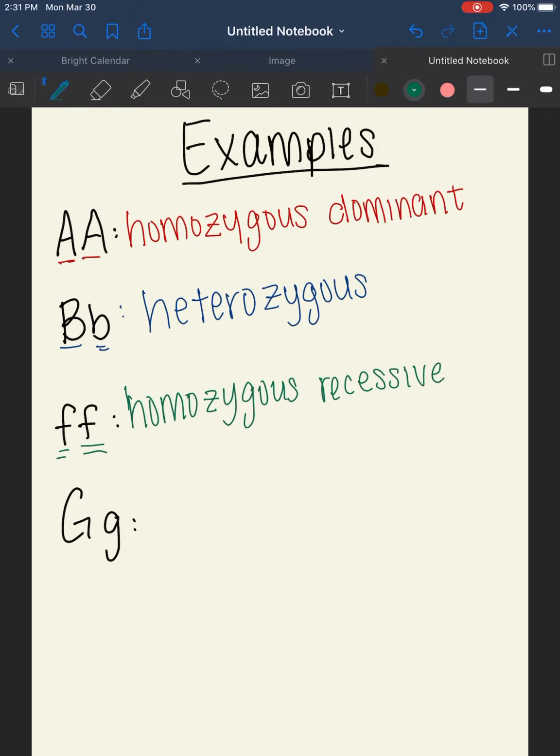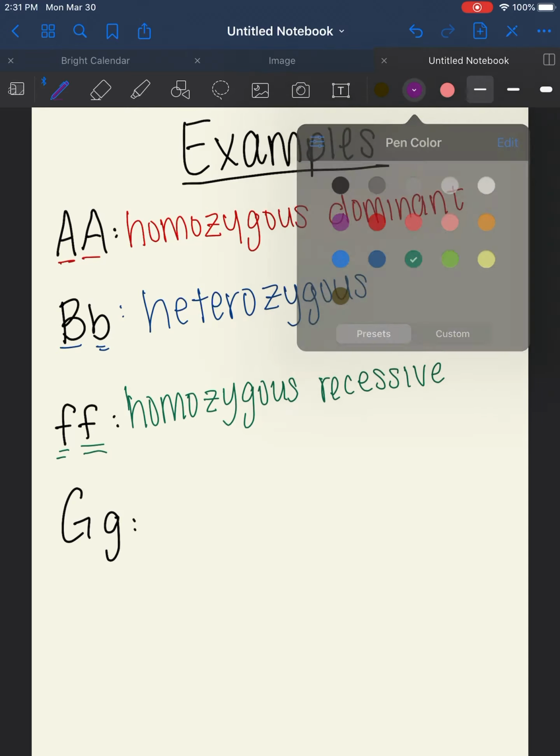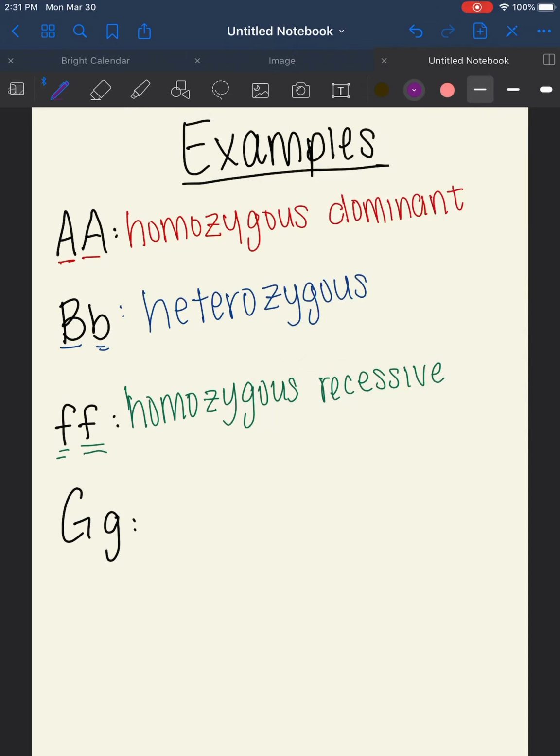Okay. And then the last one, let's do purple, sure. The last one, again, I have a big letter and then I have a little letter. So since they are different sizes, that means this genotype is heterozygous.